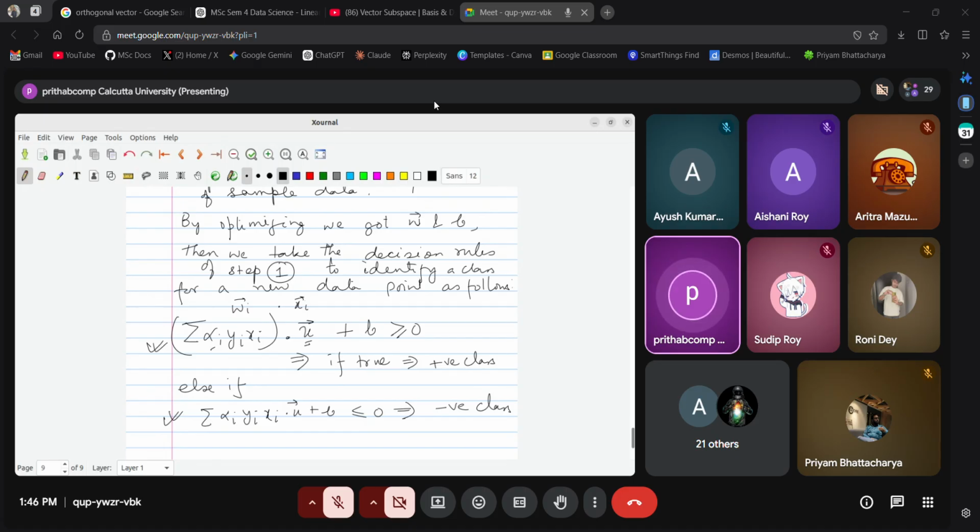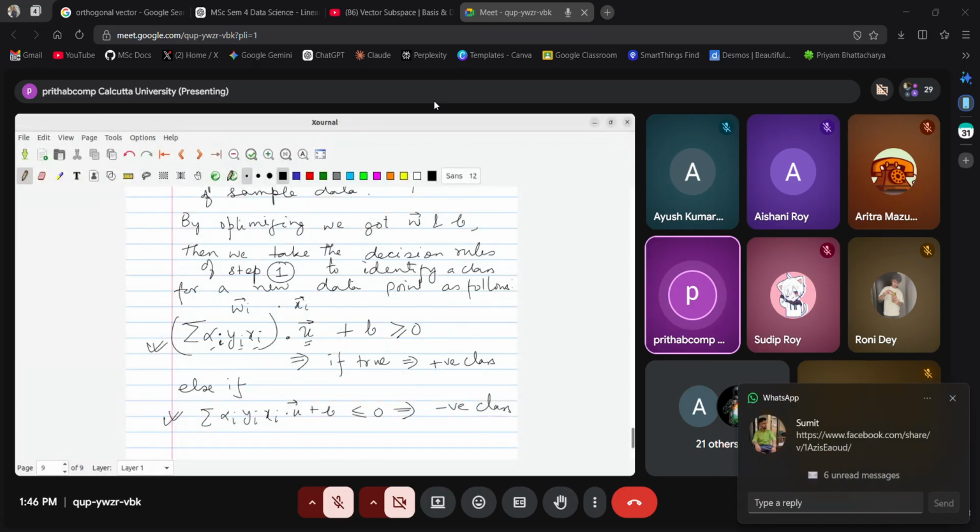The yi, xi are all from the data set. Alpha i is the Lagrangian multiplier. You obtain w and b values from the given data set, and then for a new data point you simply apply this formulation and say whether it is a positive class or a negative class.